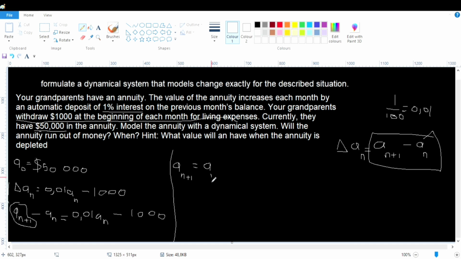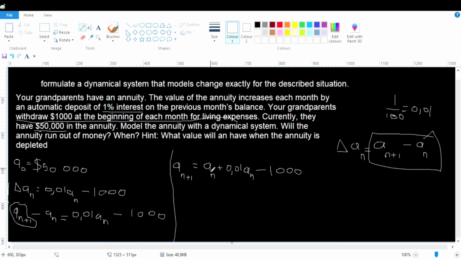So it's A sub n plus the interest, 0.01 A sub n, minus 1000. So this one is the final answer. The initial value and this equation is the dynamical system.